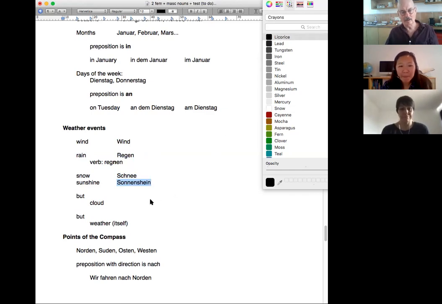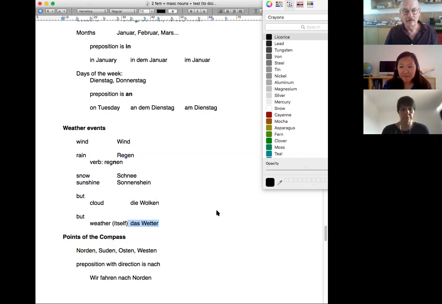But a cloud, what's a cloud or clouds? It's feminine, die Wolke. But you normally have more than one, don't you? Die Wolken. Or die Wolke, the cloud, but it's unusual to have only one. And weather itself? Das Wetter.